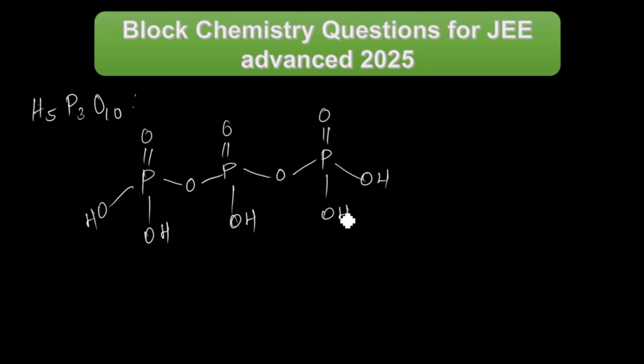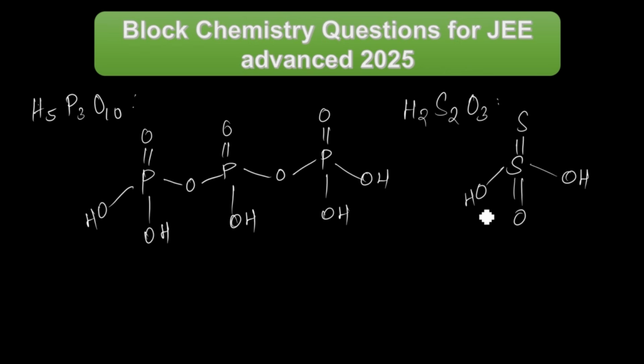Okay, is it sorted? 1, 2, 3, 4. Missed one more. Okay, 5. So H5P3O10. Here that is having another oxygen. And the next one, that is H2S2O3, which is having a structure of S double bond S, double bond O, OH and OH.